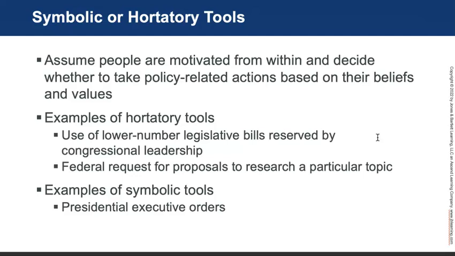And then symbolic tools are like the presidential executive order. Presidents can create an order, but when a new president comes along, they can rescind the orders of prior presidents. So it's something that can be done rather than going through the whole legislative process.